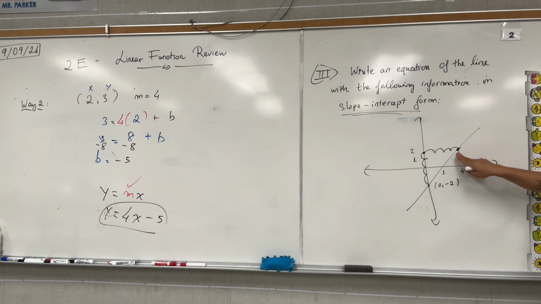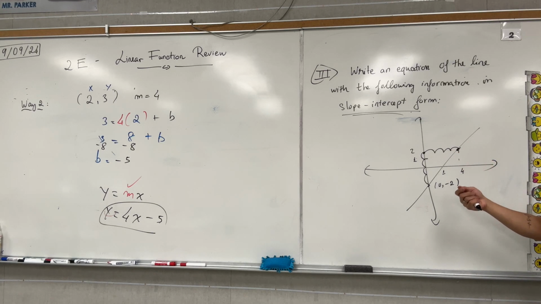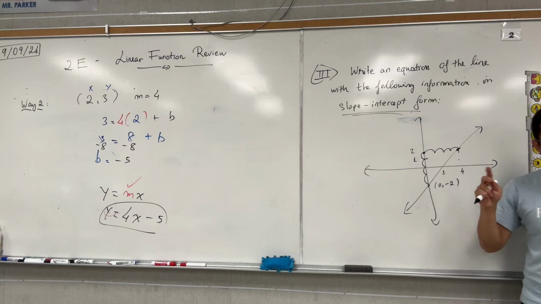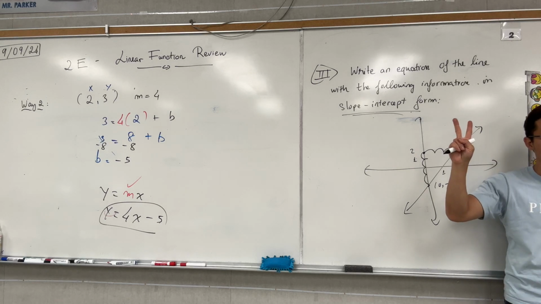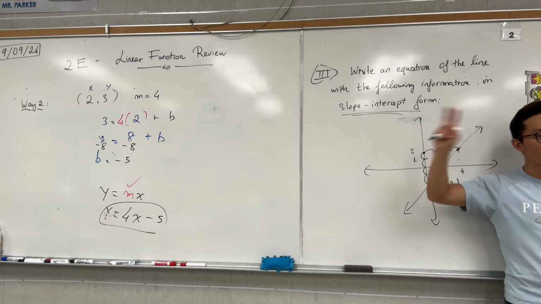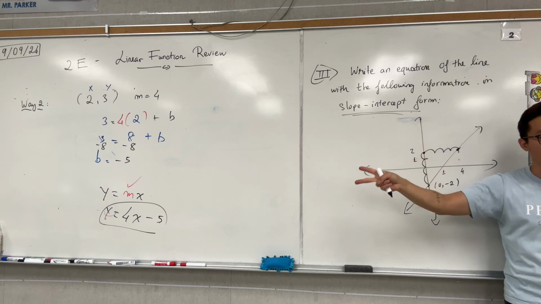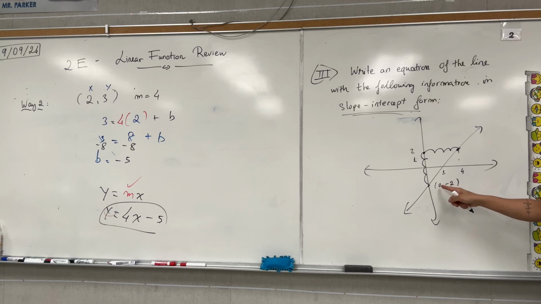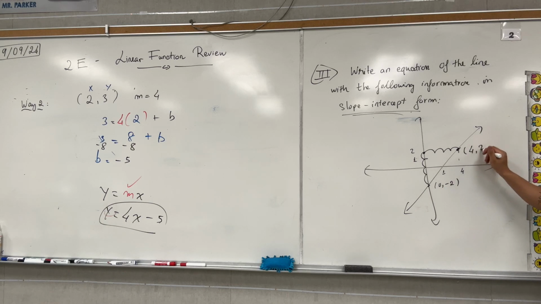Let's say I ask you to write an equation, but I give you the graph. Can you write the equation? Again, in order to write the equation, you need 2 things, right? The slope and the y-intercept, or the slope and a point. Do you know the point? Oh, you have 2 points. More than enough. 0, -2, or 4, 2, right?